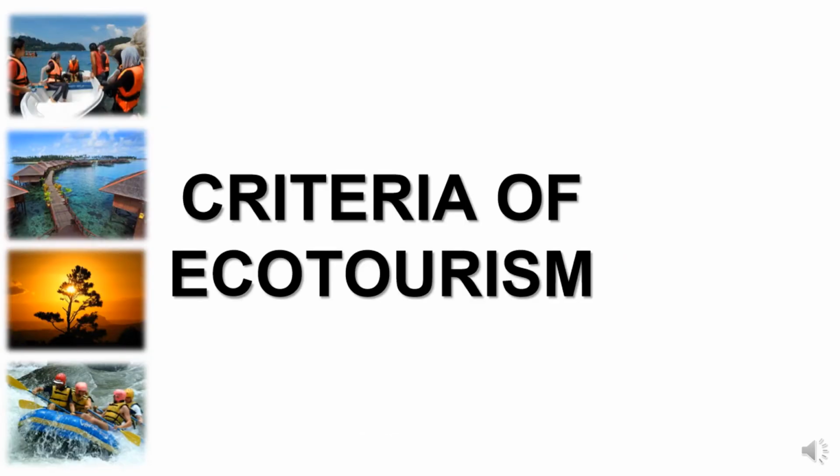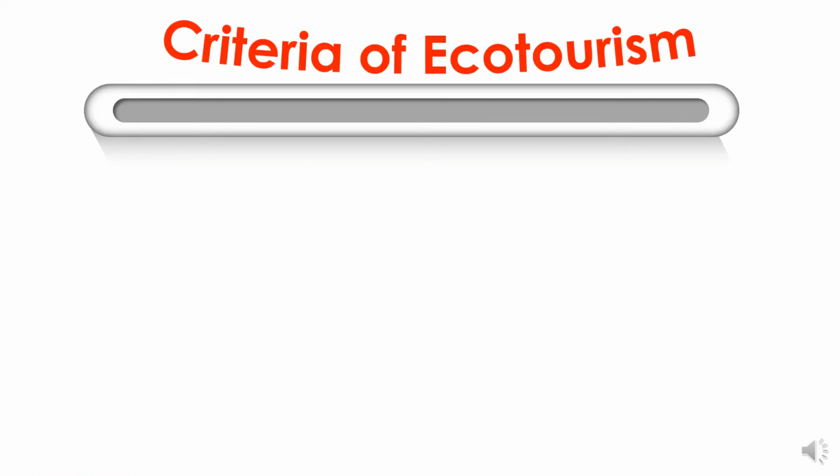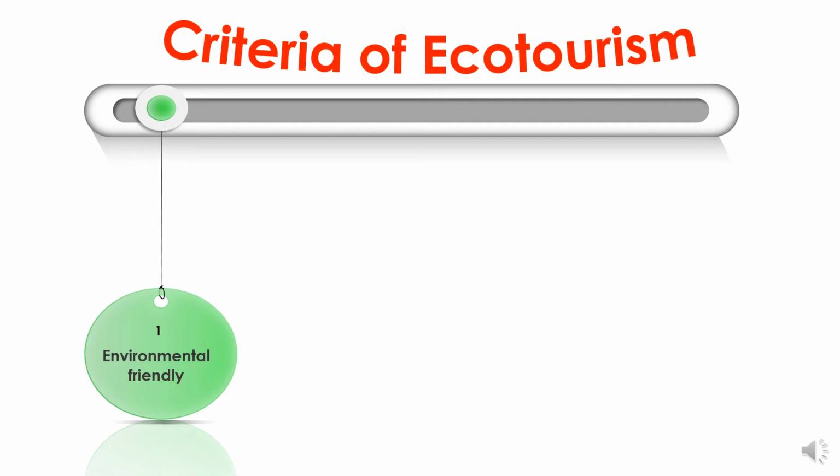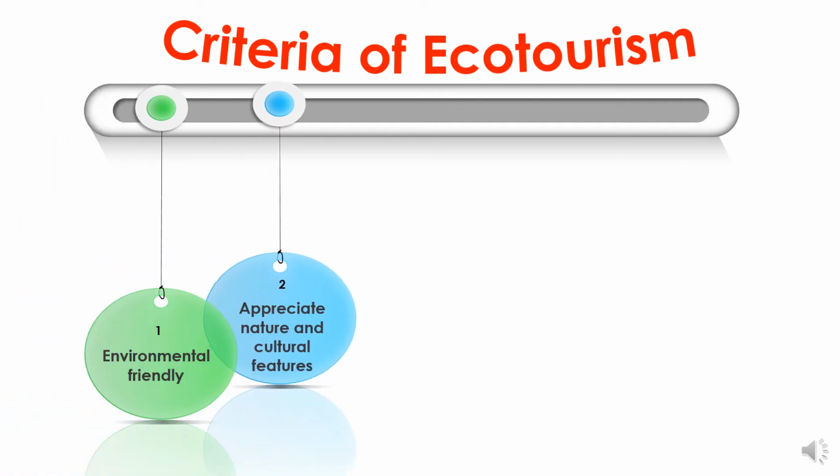Okay, class? Now we will proceed with the criteria of ecotourism. So, do we need the criteria to sustain ecotourism? The answer is yes. So let's see. The first criterion is environmentally friendly. Second, appreciate nature and cultural features.